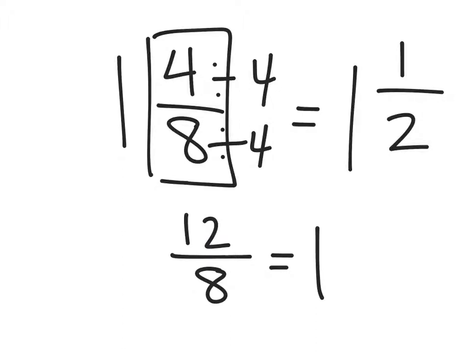And 4 eighths, or 4 over 8, would be simplified to 1/2. 12 eighths was regrouped into the mixed number of 1 1/2.